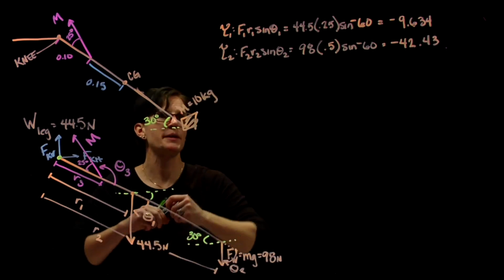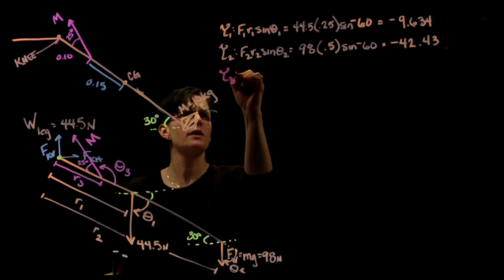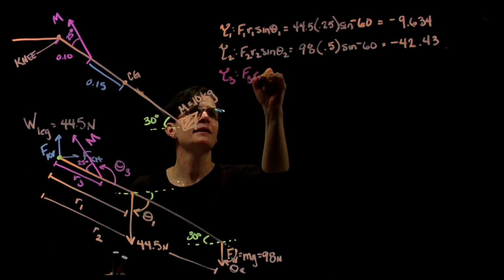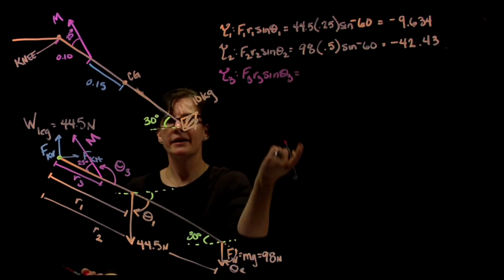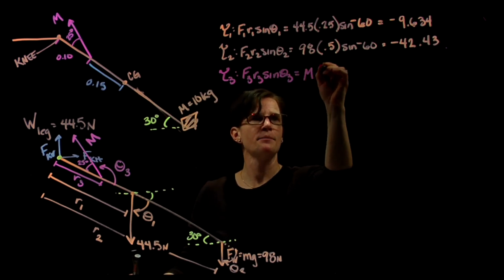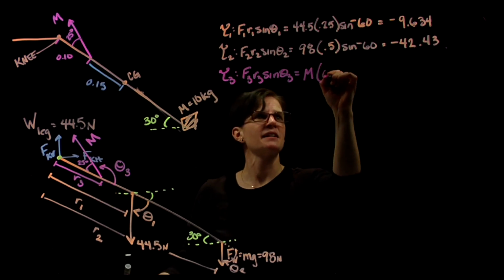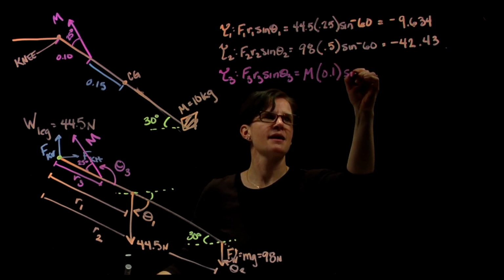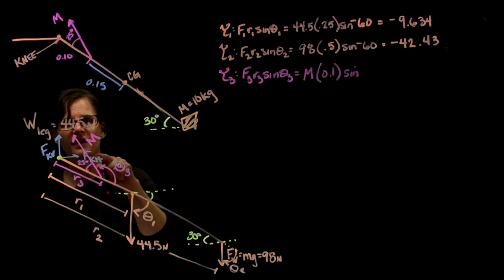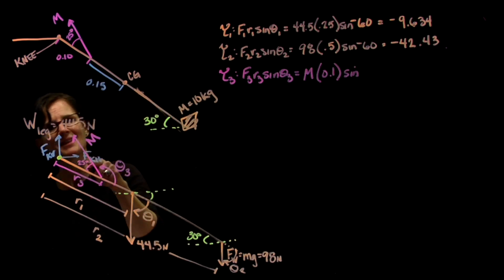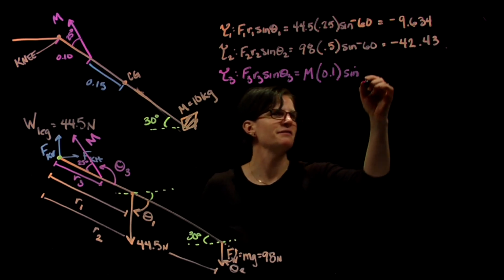Okay, force number 3. The torque that force number 3 is exerting is the force times the radius times the sine of the angle. I don't know what that force is, so we'll call it force M. I do know it's acting at 0.1 meters, and let's figure out the angle. We know that this angle is 25 degrees. That makes this angle 155 degrees.